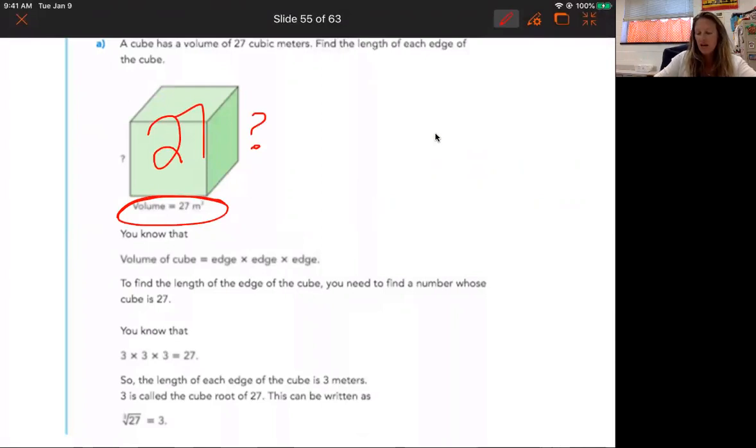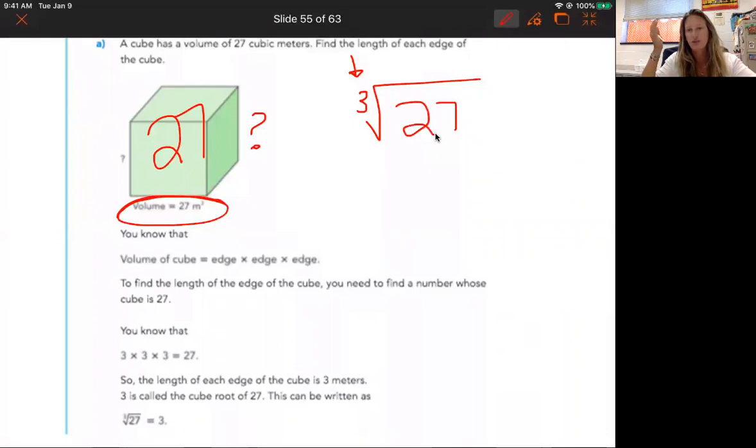We write that using our radical sign, just like we did for square roots, except I'm going to put a 3 there, indicating that I'm looking for the cube root of the number. So I'm trying to find the cube root of 27. Now, how we do this, we can do math facts, right?